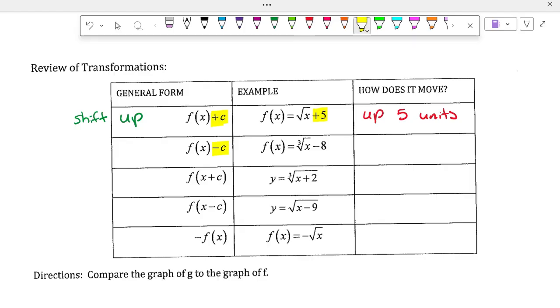What if you're subtracting something outside of its bracket? You're going to shift down. So here, with the cube root function, we're subtracting an 8 on the outside of the radical. So we're going down 8 units.